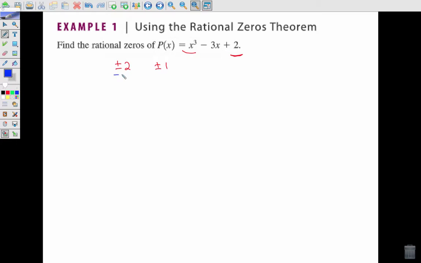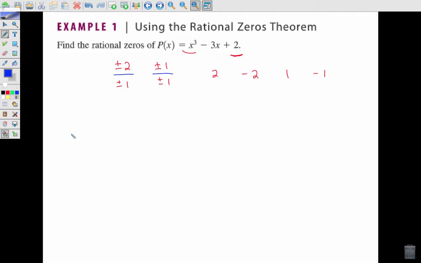So that makes it easy. There's only two possibilities, positive 1 or negative 1. Okay, so these are all the possible zeros. So our possible zeros are positive 2, negative 2, 1, or negative 1. So we want to use these to decide which ones are the zeros.